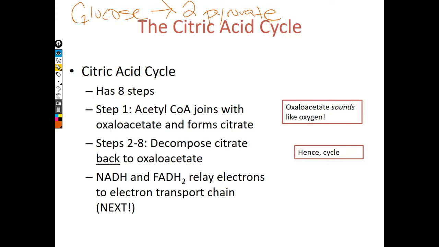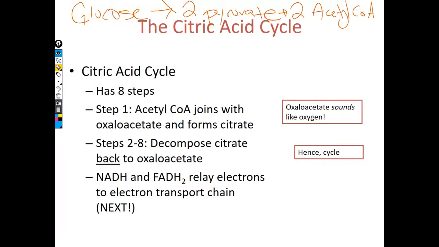Then from there, we made 2 acetyl CoA. Along the way, we picked up 2 ATP and a handful of NADH, right? Some piddly consolation prizes.